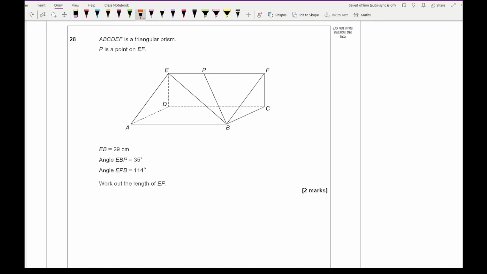So let's first of all mark the information that we've been given. We know that this line here is 29.